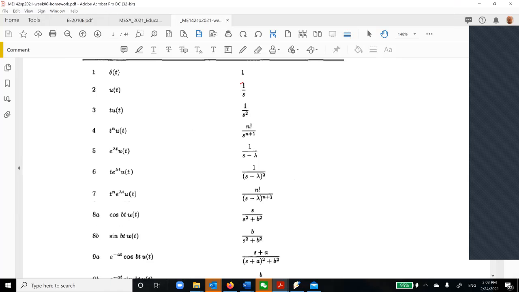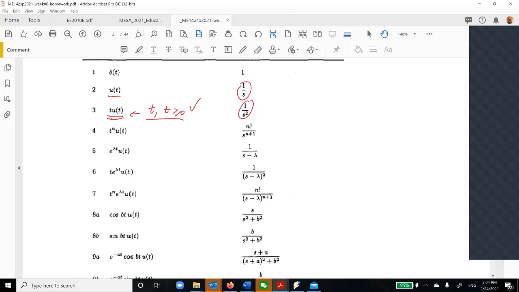So you can see that when you have 1 over s, that is the Heaviside function. For the square, you have t. If you only write t, then it's wrong. Don't write t alone. You should write t times u(t), because if you see t with t greater than or equal to 0, then this is okay.